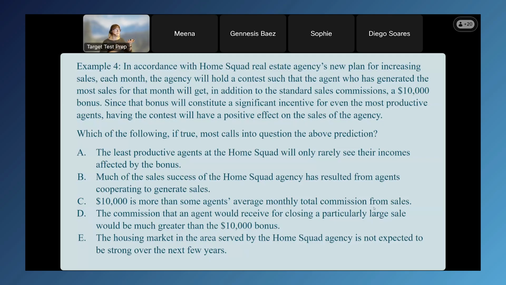And so it might undercut the collaborative environment here and have a negative impact on sales, even though the money would be an incentive for everyone. It would incentivize them away from the collaboration that has been part of their success in the past. Does that make more sense?